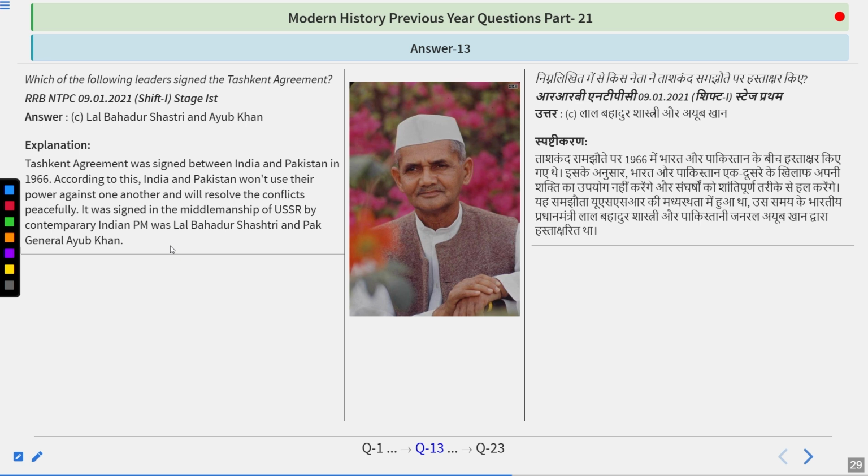And after that, Indira Gandhi rose to power as she became the first female prime minister of our country. She remained on this post for a very long time, and her legacy is remembered by a lot of people in our country. So remember, Lal Bahadur Shastri and Ayub Khan signed the Tashkent Agreement.